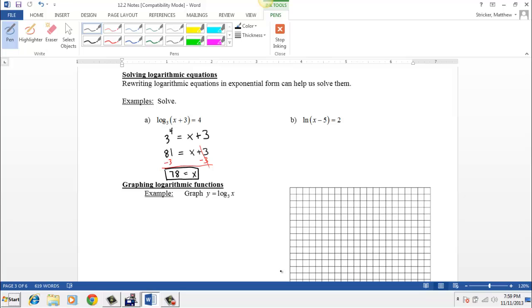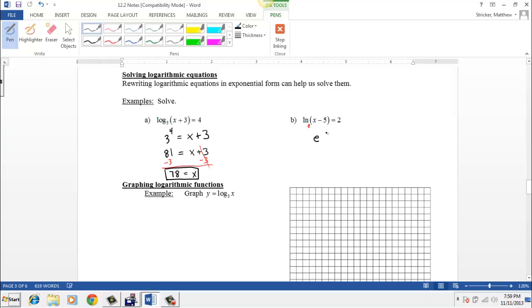Okay, so why don't you go ahead and pause the video, remembering that ln is log base e, and try to set up the next example, example B. See if you can write it in exponential form. Okay, so hopefully you got an idea of how to write this, and we're okay to change it to exponential form.